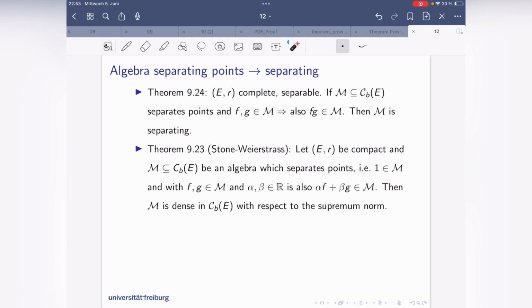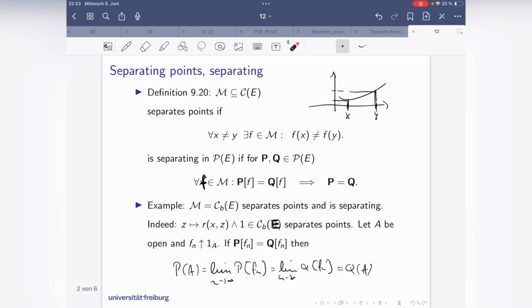But that's not really a restriction because, well, the one function here, P integrated against 1 and Q integrated against 1, that's always the same. That's no condition, that's just a condition that P and Q are probability measures. So without loss of generality, we always have that 1 is in M in order for this here to hold.